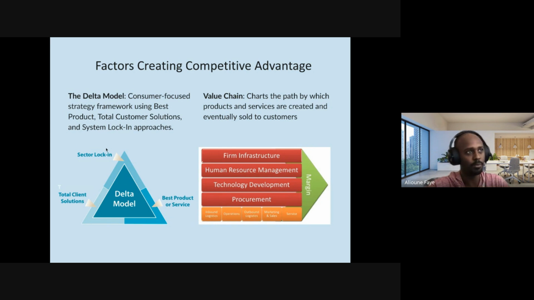I'll start with the top. Actually, I'll start with the bottom, and then we'll go with the top. So one aspect is the total client solution. So essentially, you just want to focus all on the experience of your customer, how they come to you. Maybe your systems are so well connected that you know everything about the customer, that they don't have to repeat themselves when they come to you.